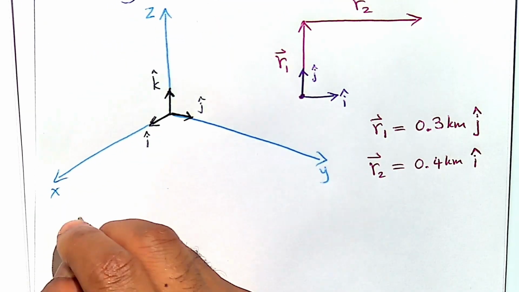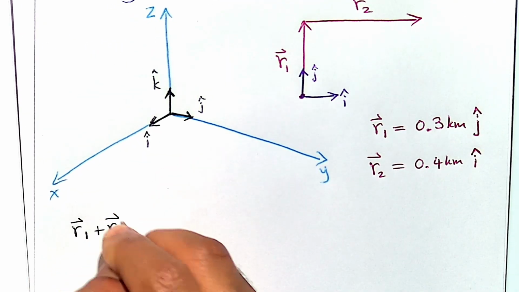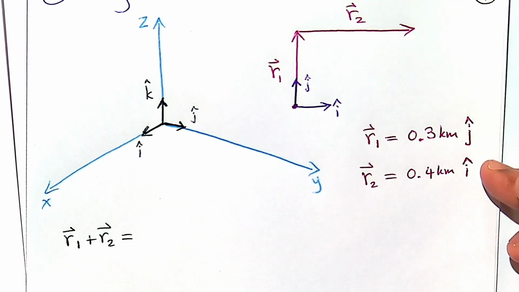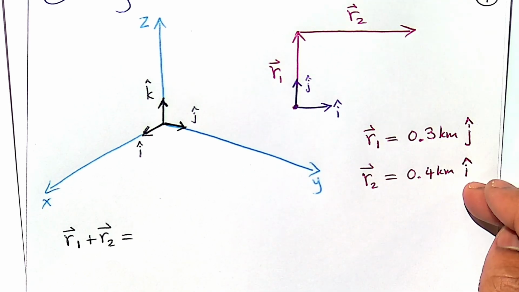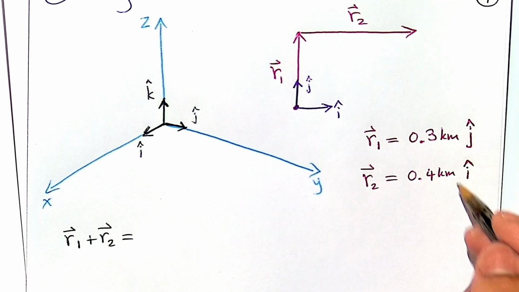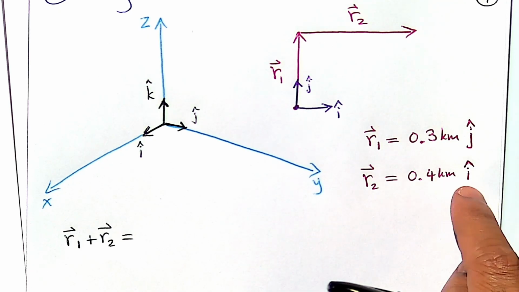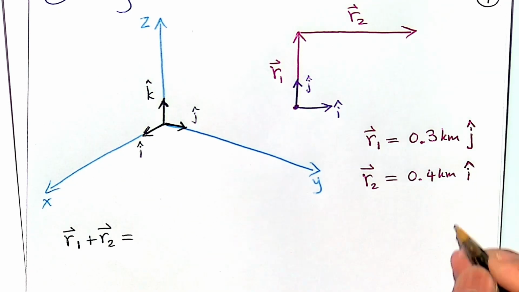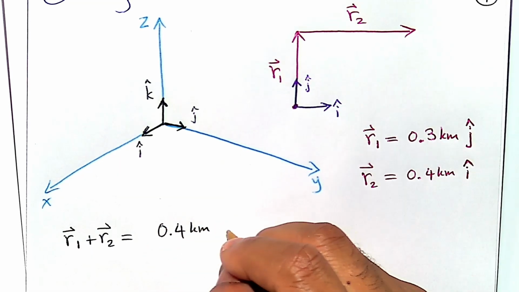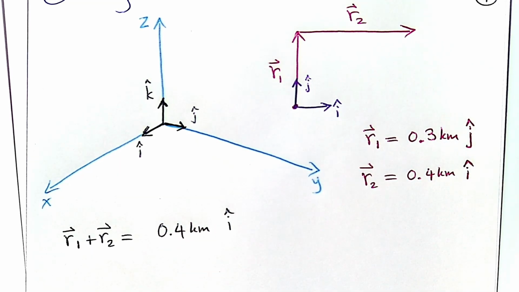So if I say R1 plus R2, all I have to do is just add these together. The trick of adding them is to add i's with i's, j's with j's, k's with k's. You never mix and match them. I'm going to pick out all the i hat stuff, add them together. There's only one. So I'm going to say 0.4 kilometers in the i hat direction.